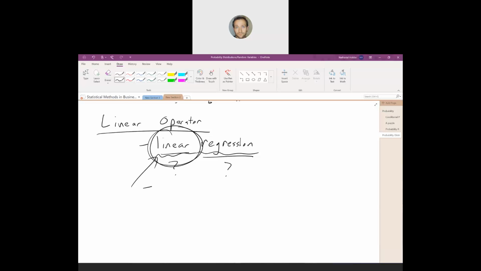Linear operators are also good because they are easy to work with. I think I might be missing an E somewhere there. Multiplicatively.